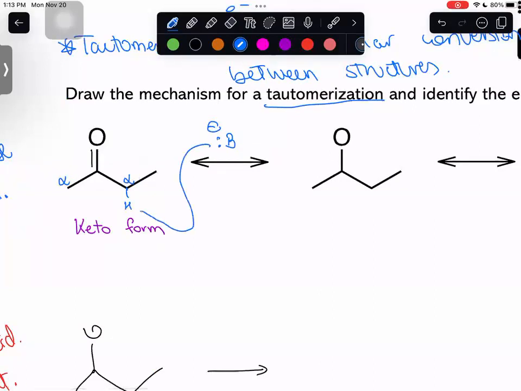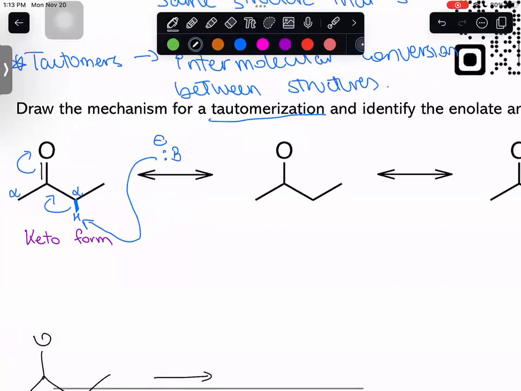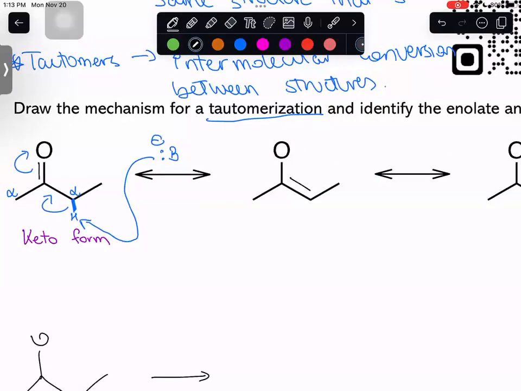So the base is going to be taking away that hydrogen. The electrons between bonds of carbon and hydrogen is going to shift in between the carbonyl and the alpha carbon. And then to not break the octet, we know that we have to kick up the electrons towards the oxygen. So we're forming this little guy in here.